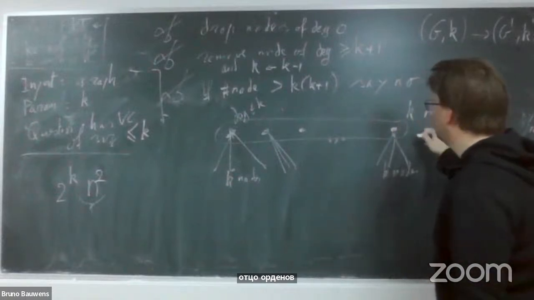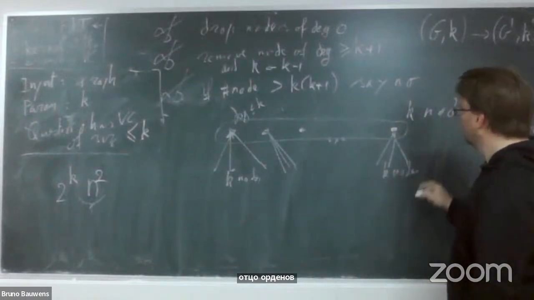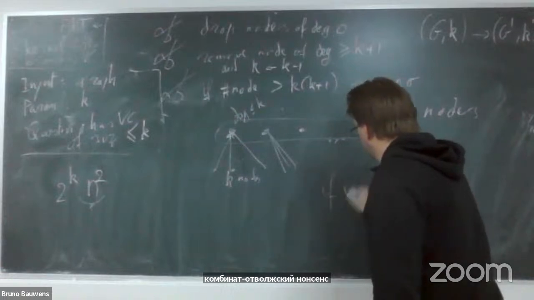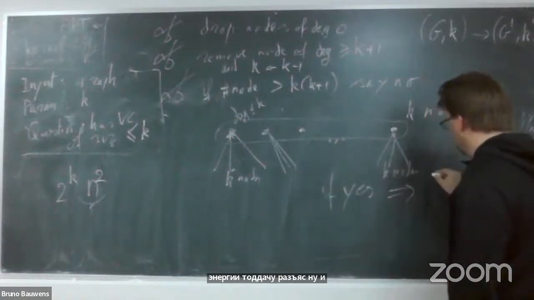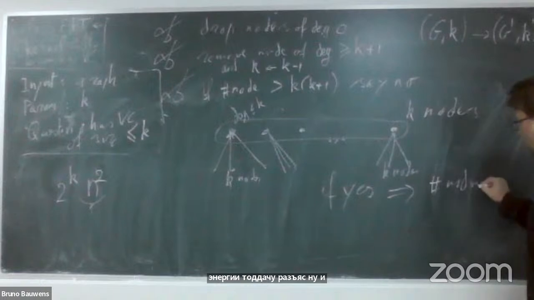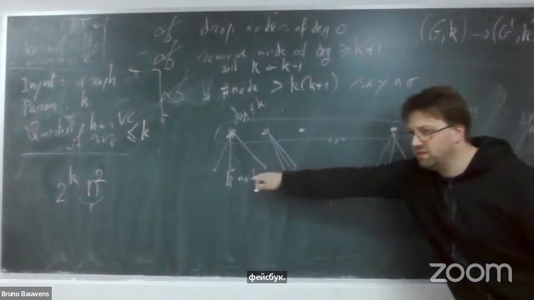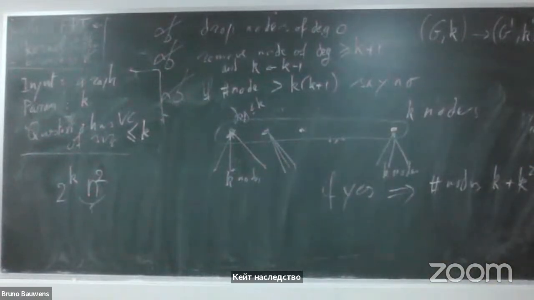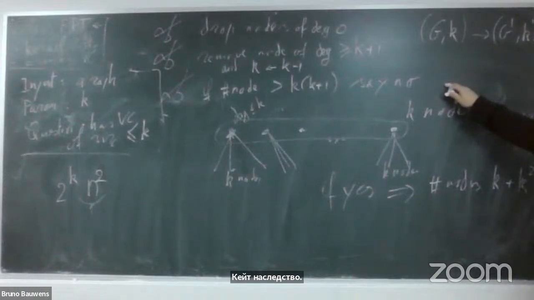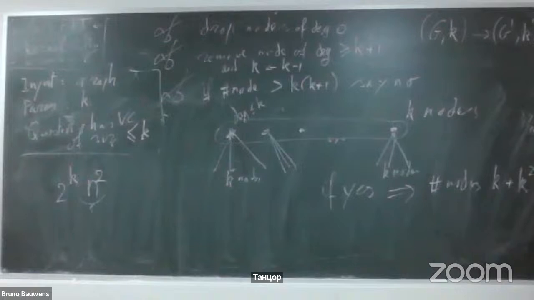So if the answer is yes, then the number of nodes is at most k plus k squared. And so this rule is correct. And this is great.